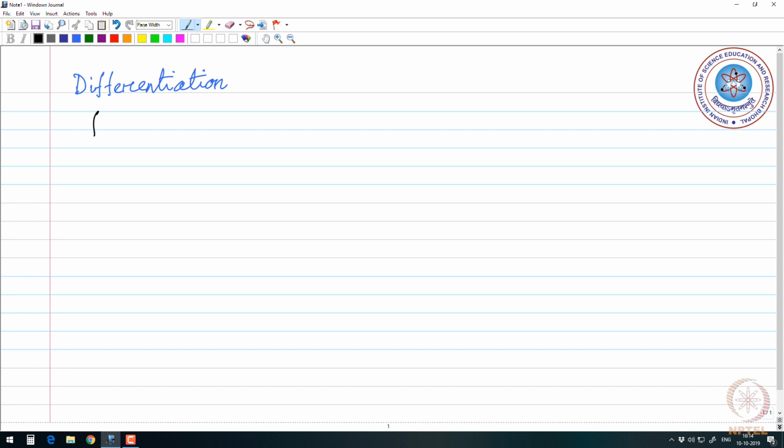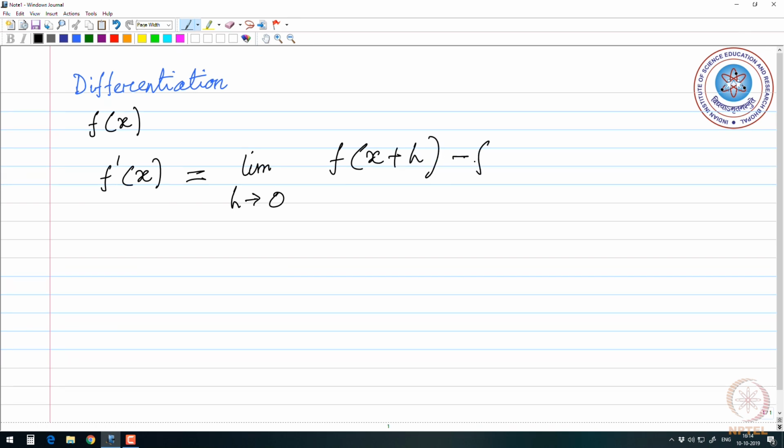If we have a function f(x), then its first order derivative with respect to x, that is f prime x, is defined as the limit h tends to 0 of f(x plus h) minus f(x) over h.